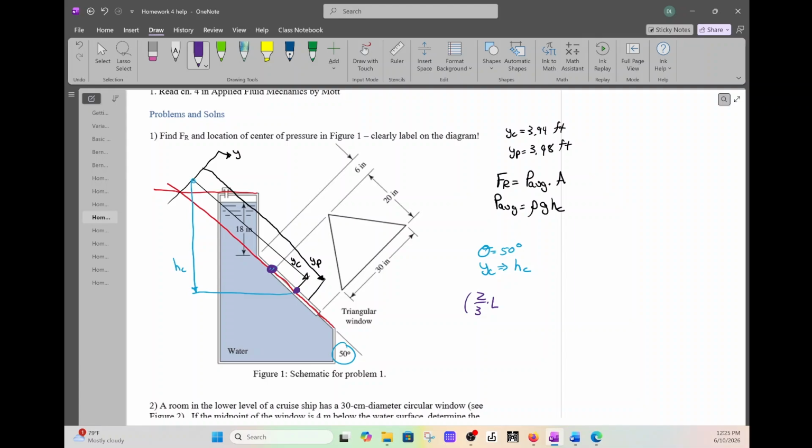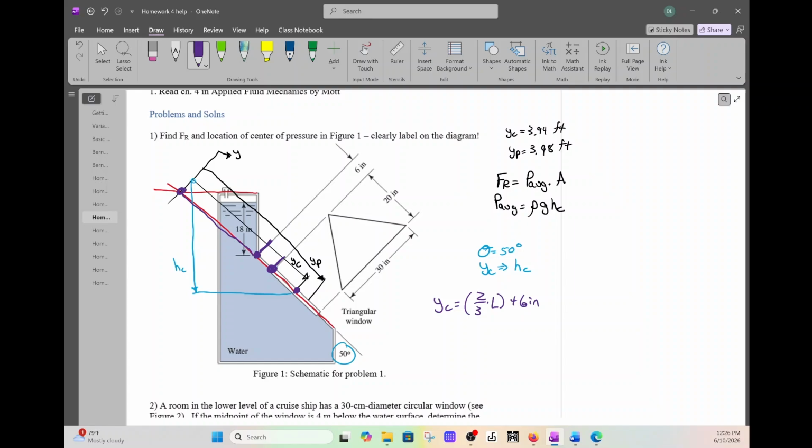So that's where YC, or where that would act on the window. But we also have from here to here, which is 6 inches, and I'm going to label this YC. And from here to the free surface, this dimension we need to find.